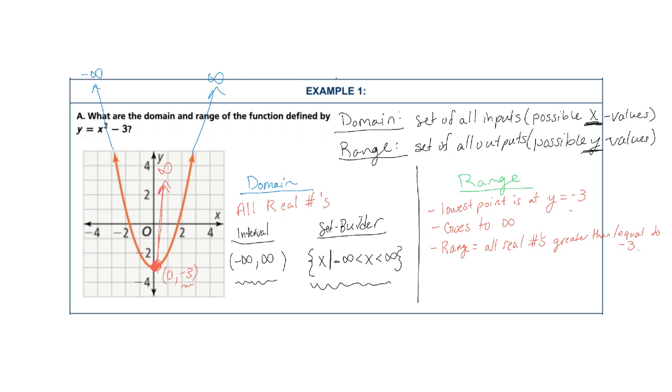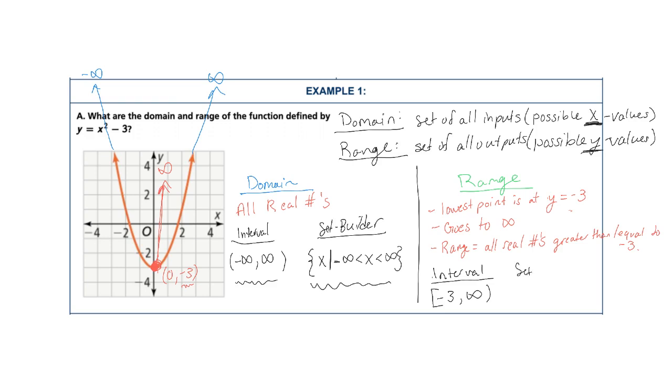Now we have to write this in interval and set builder notation. So interval, I said before, if it's greater than or equal to, it includes -3, we use a bracket at -3. Now, anything for infinity or negative infinity, we use a parentheses. If it was just greater than -3, we'd have a parentheses to start.